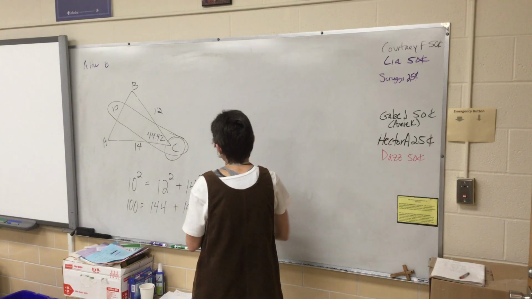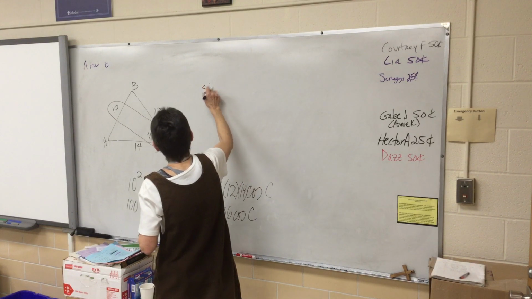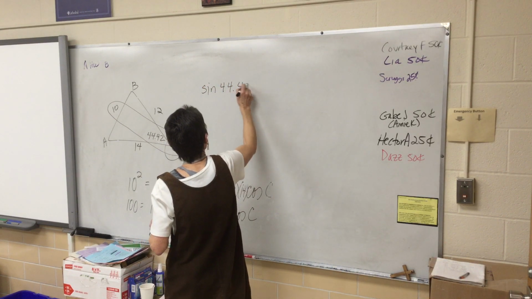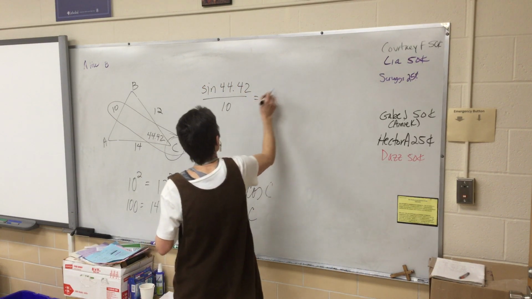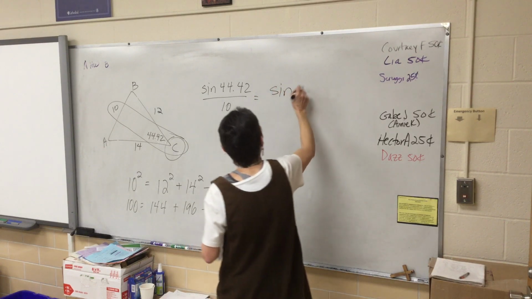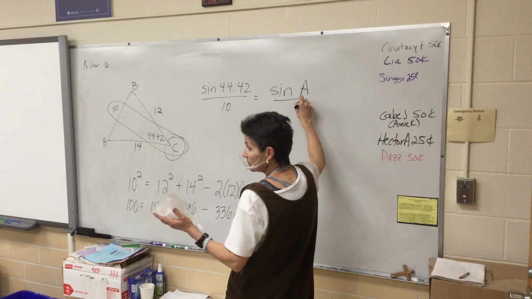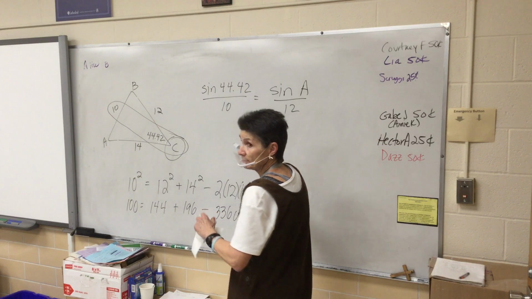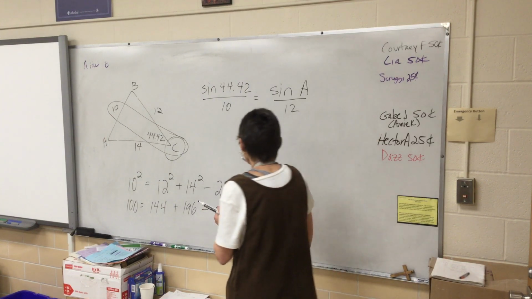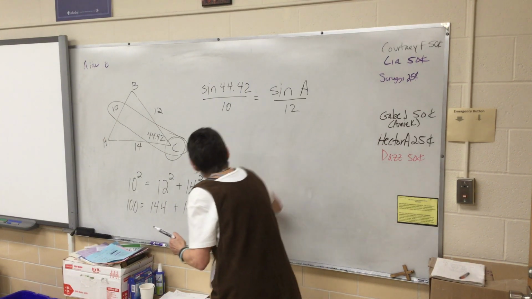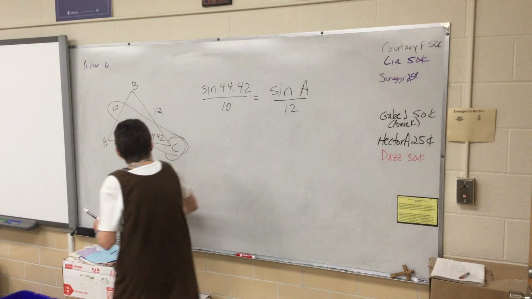Sine 44.42 over 10 equals sine A over 12. Is that good? Yeah. So then we cross multiply.